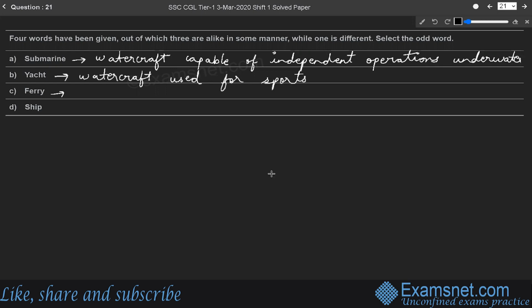Third option is ferry. A ferry is a vessel which is used to carry passengers or sometimes vehicles across a body of water. And the last option is ship.